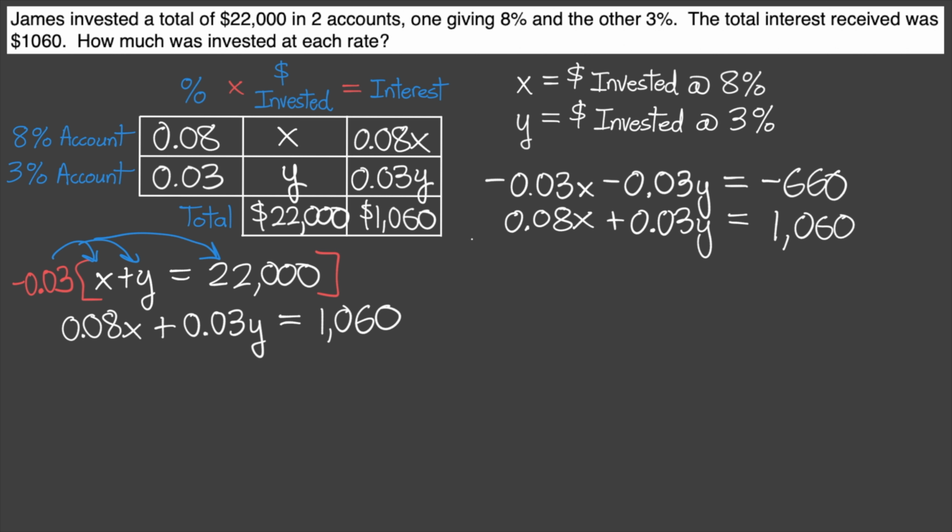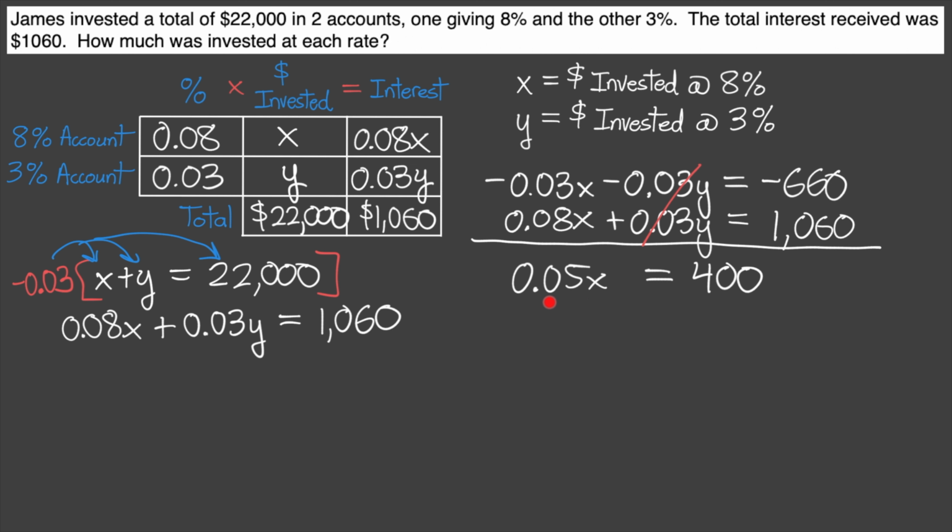All right, so this is the fun part. We get to cancel and then add. So on the left here, the y's cancel, which is nice. So now we're left with x's. So we add negative 0.03x plus 0.08x, which gives us 0.05x equals, and then on the right side, negative 660 plus 1060, and that gives us a nice round number of 400.